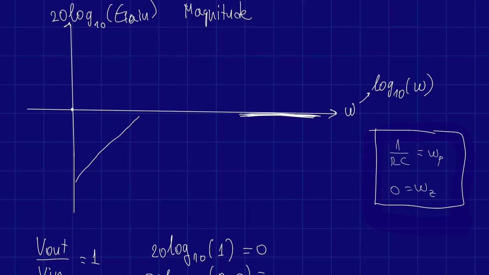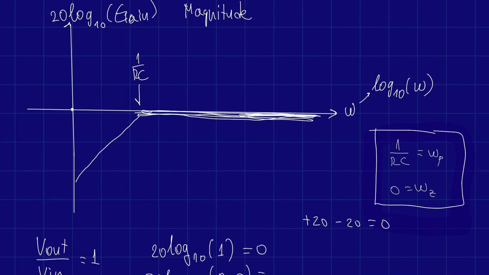And at the frequency 1 divided by RC, which we'll say that it's right here, it will have a decrease of 20 dB per decade. And when you have plus 20 increase, minus 20 decrease, you will have a 0. So you will just have a flat line right here that will continue until the end.